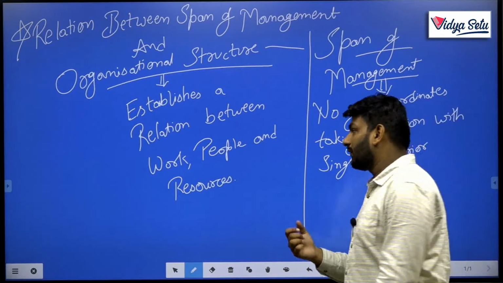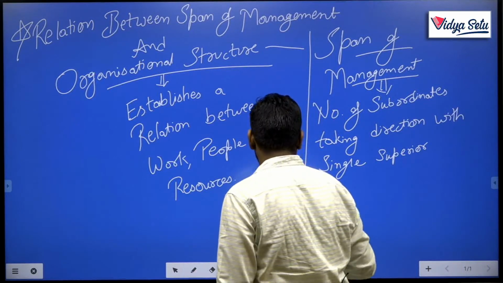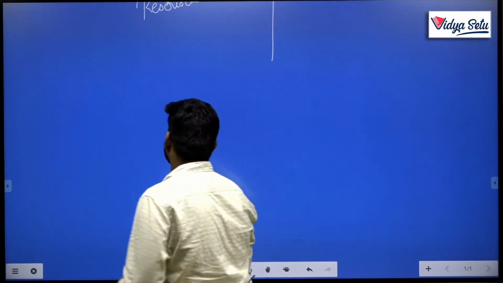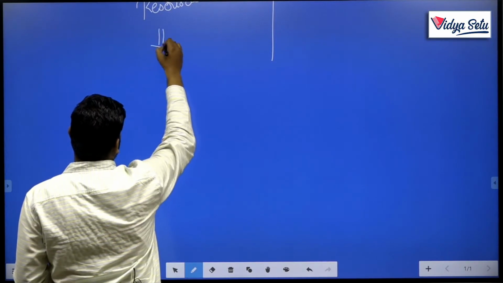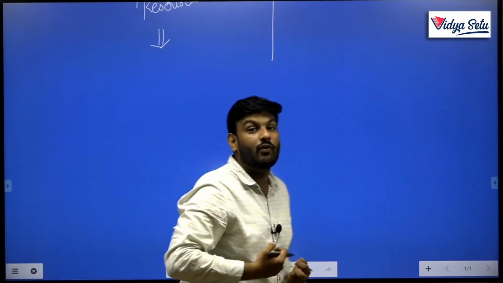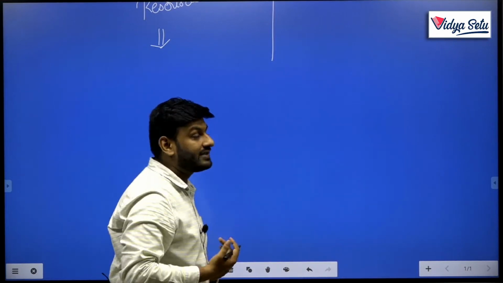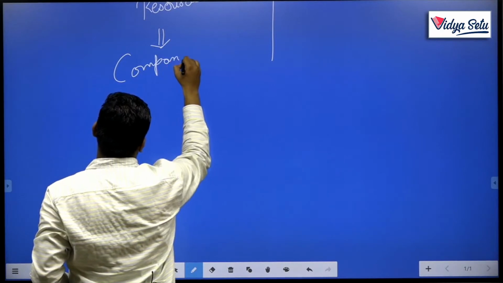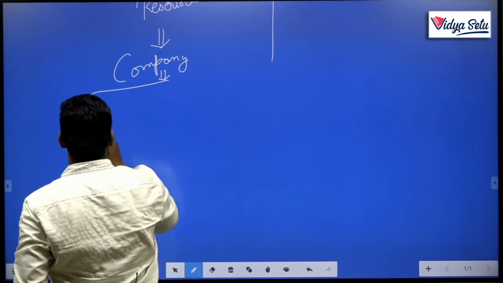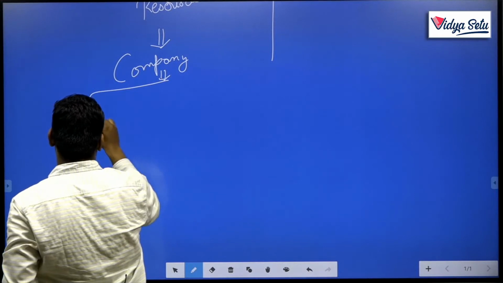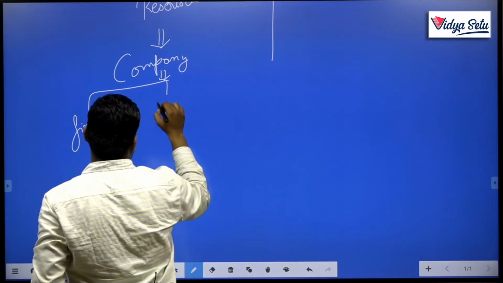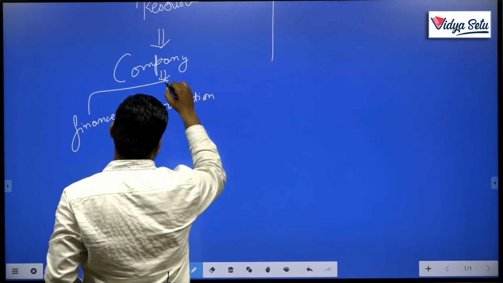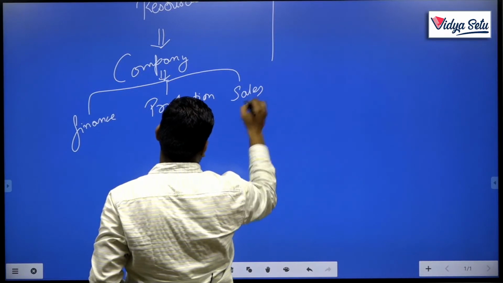Now let's see what's the difference. In case of organization structure, in the last class we learned what the organization structure is as well as how it is formed. We discussed that it is like a company, and under the company we get three heads like finance, production and then sales or marketing, whatever you want.